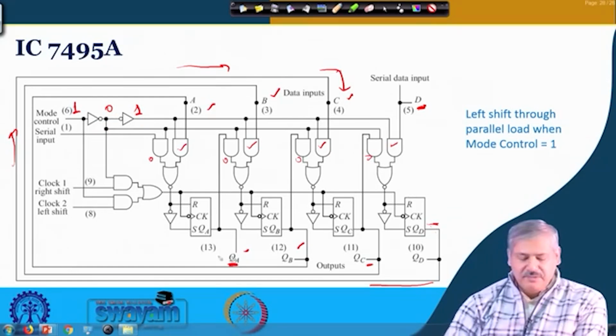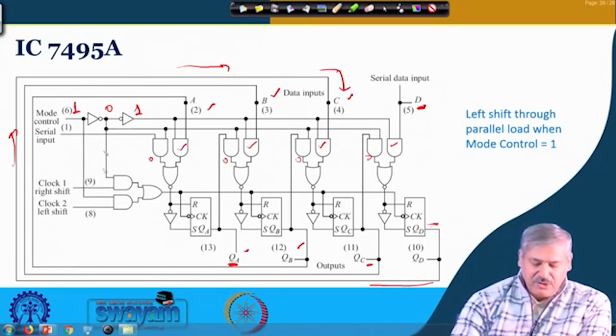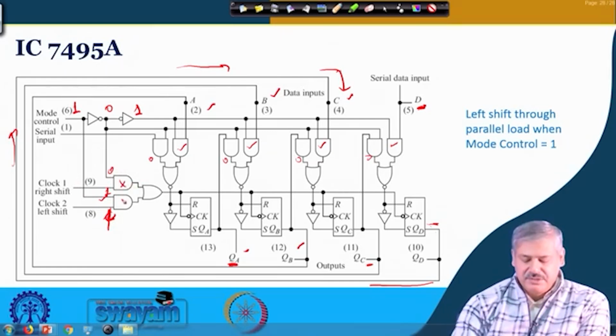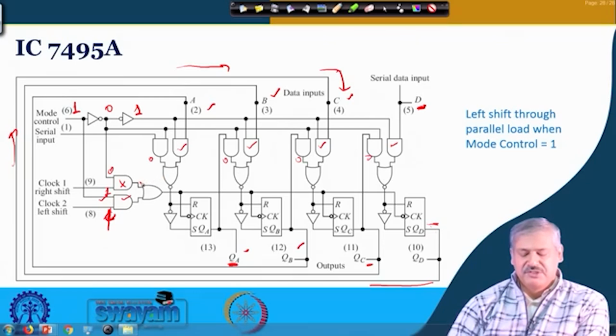So, at this particular clock, the left shift clock, which is coming here, this is 1 and this is the clock we are talking about. In the other case this is 0. So, this is not working. This AND gate output is always 0. So, the OR gate output will be taking this AND gate output. So, this clock will be the one in consideration.